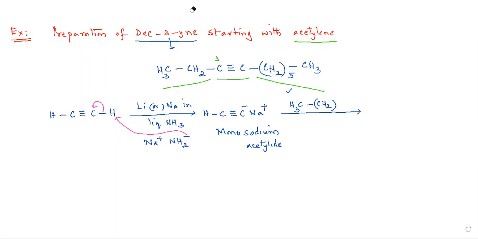So let us take it this way: CH2 taken 4 times, CH2Cl. That's it. Now this minus will attack here. You'll get the required entity: H, C triple bond C, then CH2. Of course, these are nothing but CH2 taken 5 times, then CH3, right?